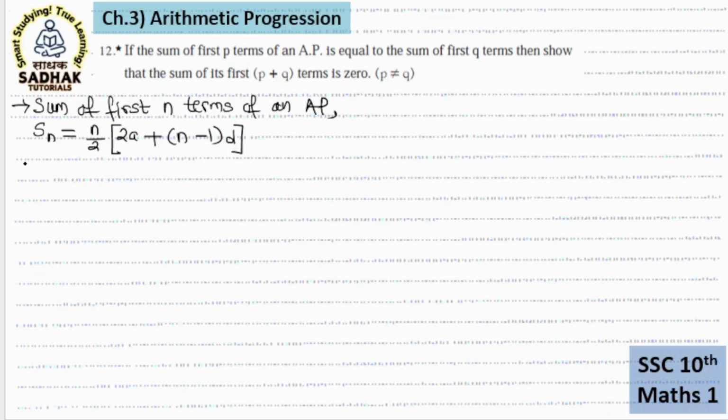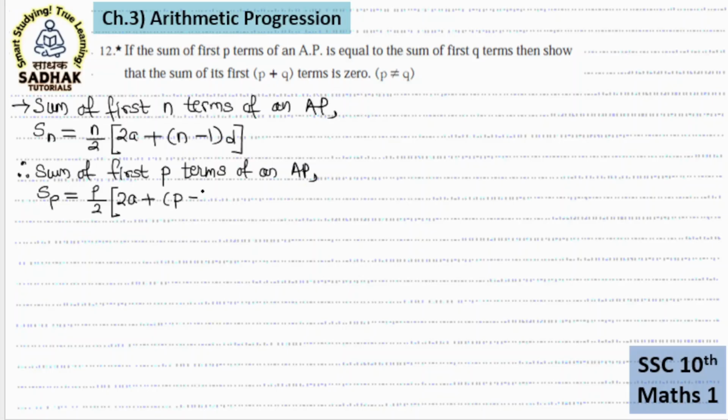So in the same way, we can say that the sum of first p terms of an AP will be written as Sp is equal to p upon 2 [2a plus (p minus 1)d].